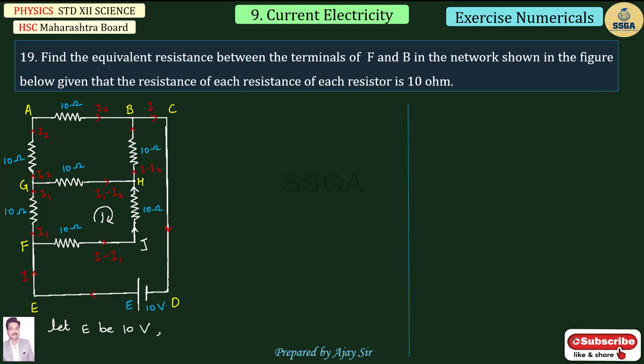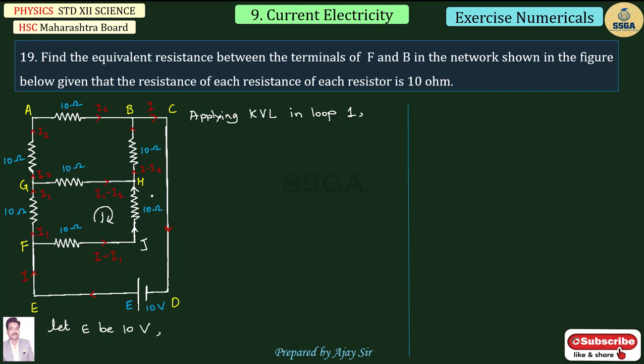Suppose this is the direction of tracing the loop, that is H, J, F, G. So applying Kirchhoff voltage law in loop 1. Suppose this is the direction of tracing H, J, F, G. So this is the direction of tracing and the direction of conventional current, and let us apply.